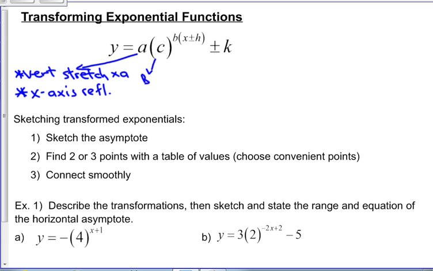C is just our base. It determines growth or decay. B is our horizontal stretch, and it's always by a factor of the reciprocal of b. And it can give us a y-axis reflection if b is negative.